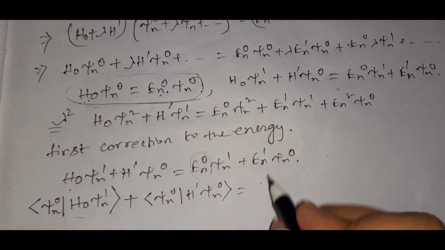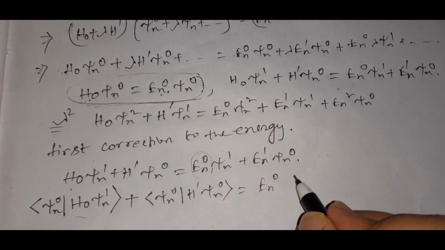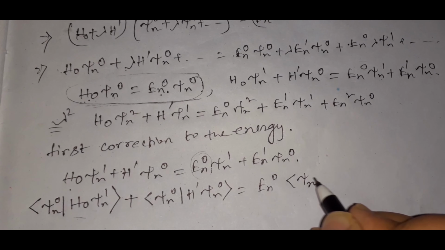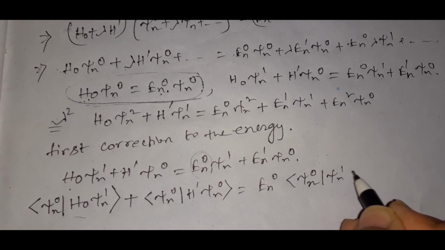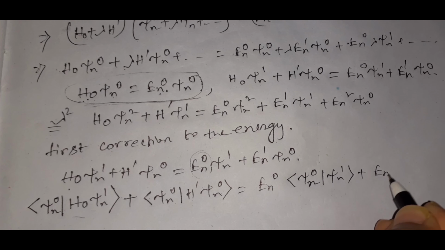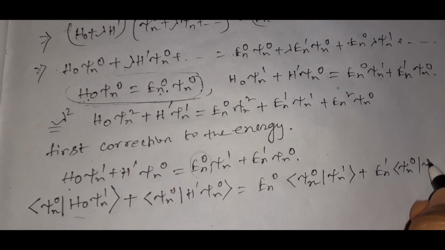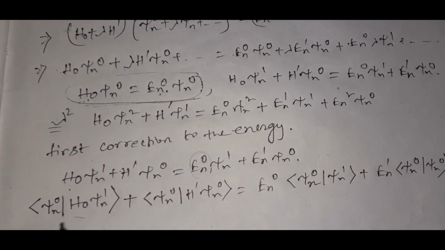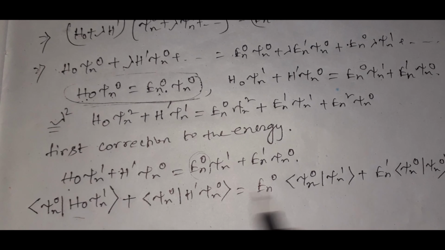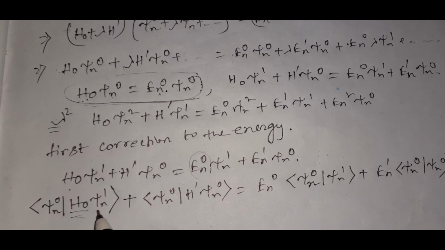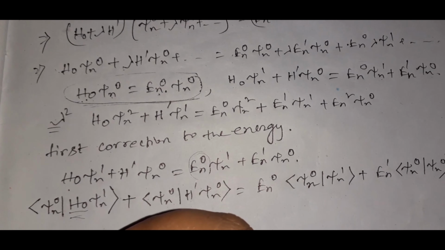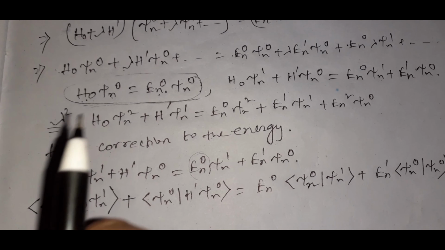As this is a normal constant, I can put it here. Now H naught is the Hamiltonian for the infinite square potential.